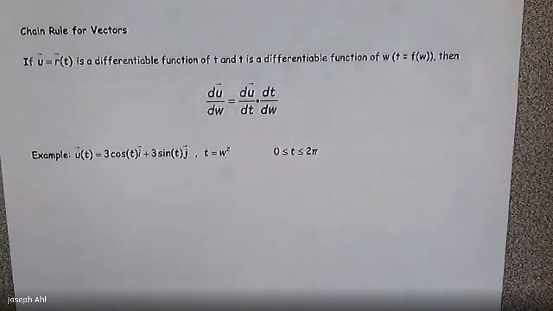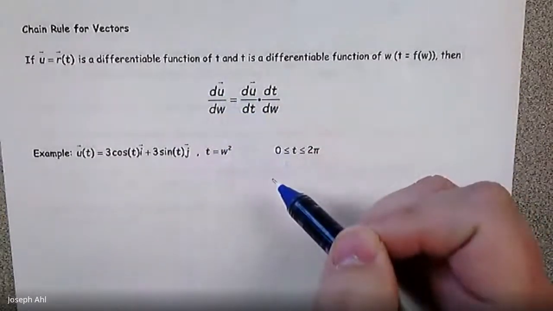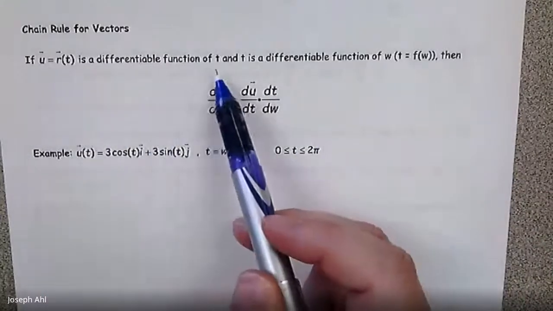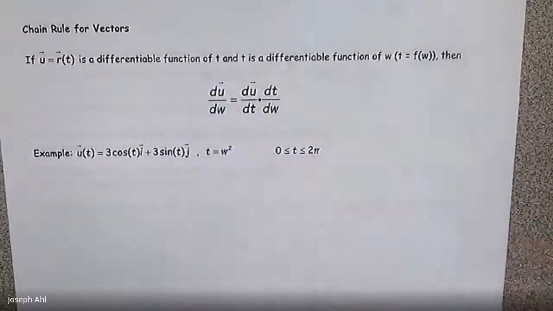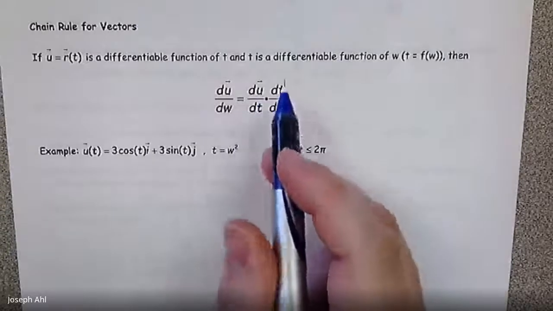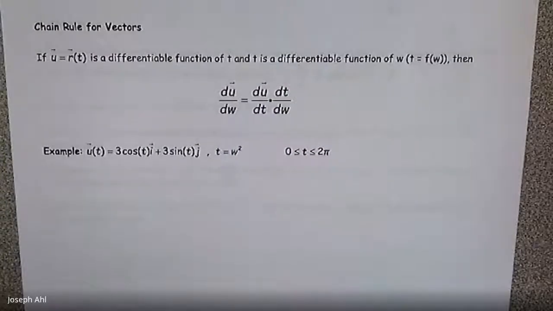If we can use derivatives within our vectors, we can also apply a chain rule that if we have something of the form du dw, where our vector u is a differentiable function of t, and t is a differentiable function of w, then we can use the chain rule to do du dt times dt dw to get the derivative of the vector u with respect to w.